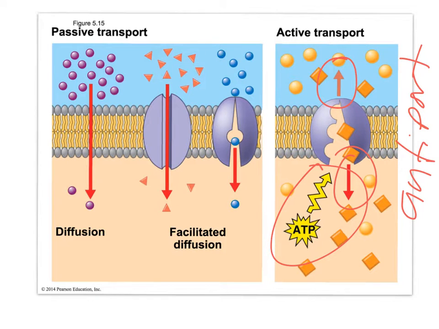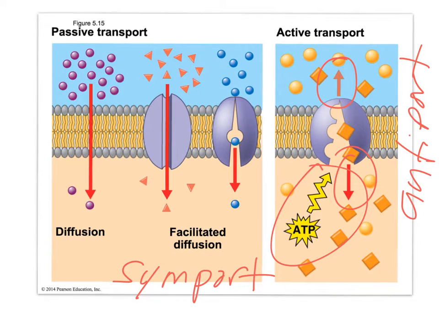If two substances were moved together, that would be what we call symport: co-transport of two substances in the same direction. So glucose and a hydrogen ion are moved into the cell. That is symport, because they're both going the same way.